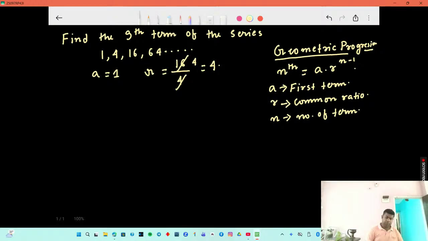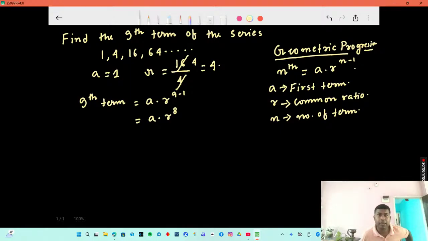So when we are going to find the ninth term, the formula will be A into R to the power 9 minus 1, which is A into R to the power 8. Now we will put the values of A and R in this equation.